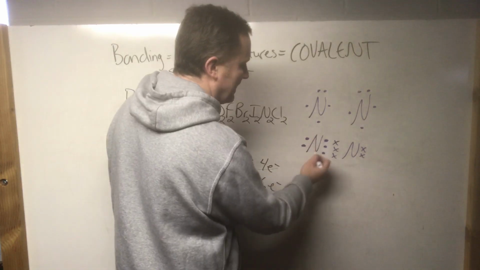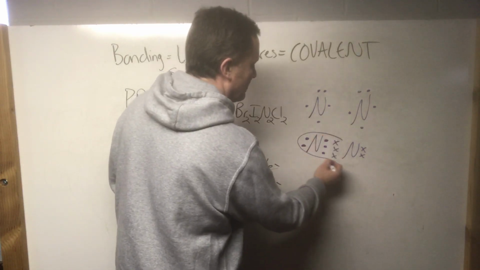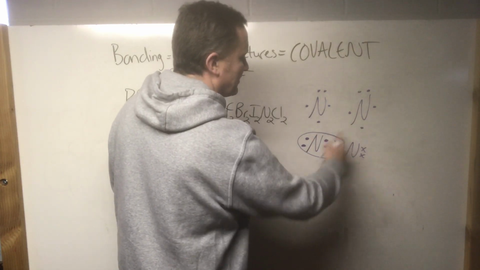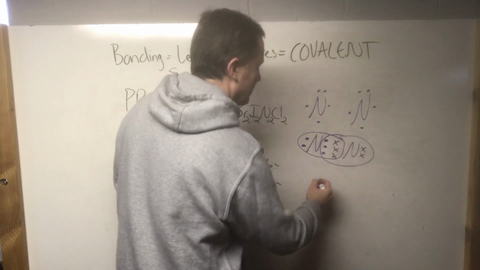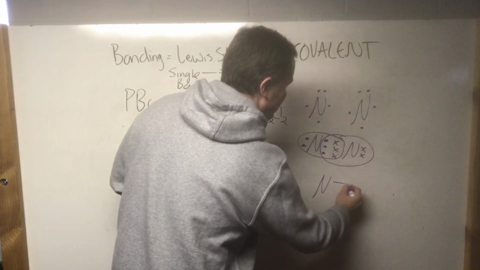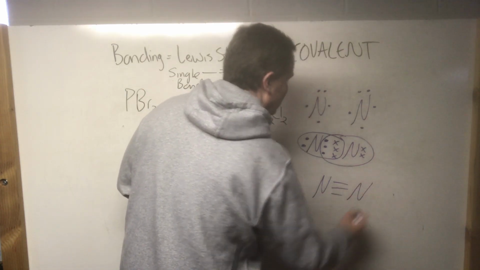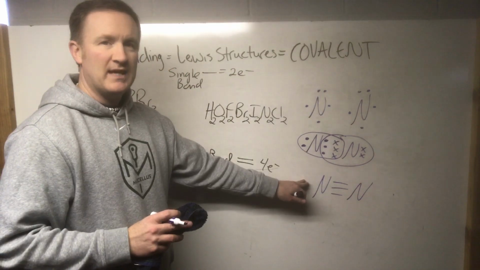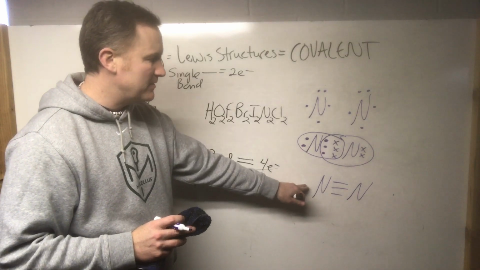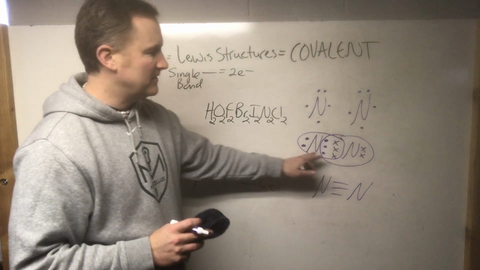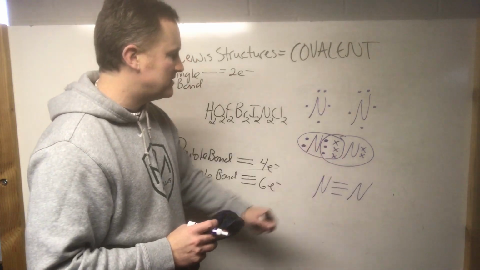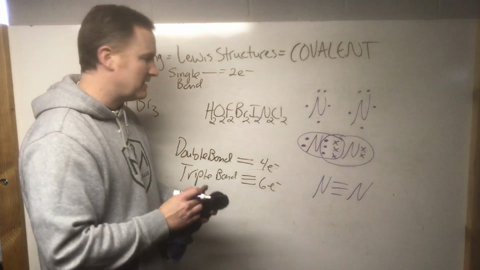I have my original 5 dots plus 3 more from nitrogen on the other side, 5 X's plus 3 more on the right. So we could also have a triple bond like this, just with 3 lines. That's the real easy, lazy way. This one actually shows the Lewis structure, the accountability of electrons coming from both atoms of that element.